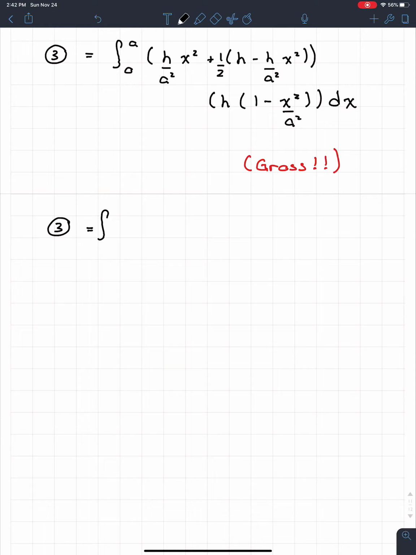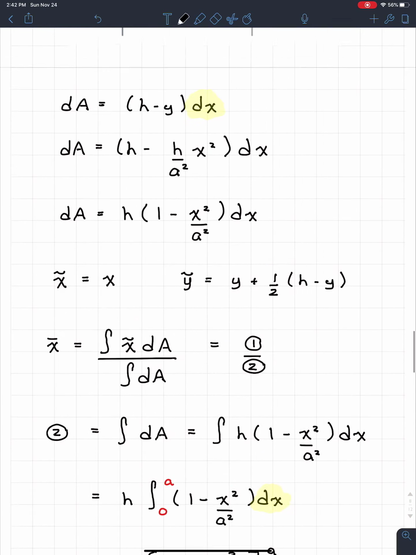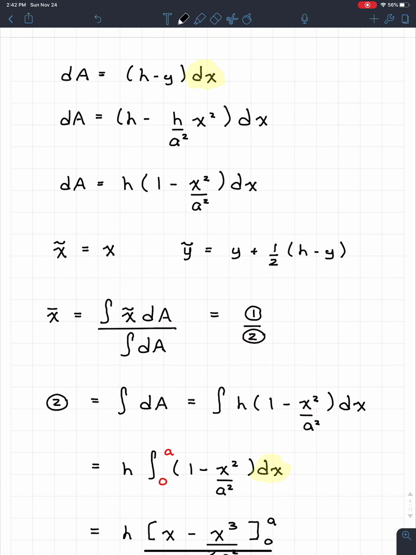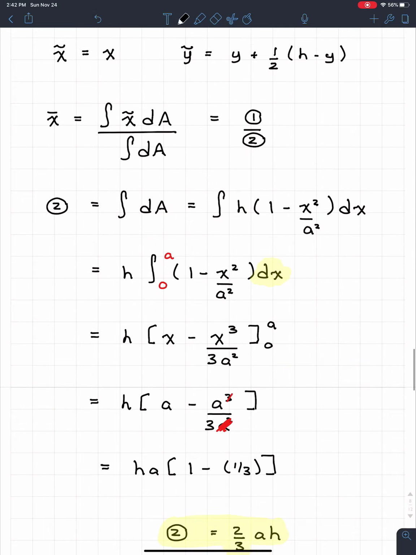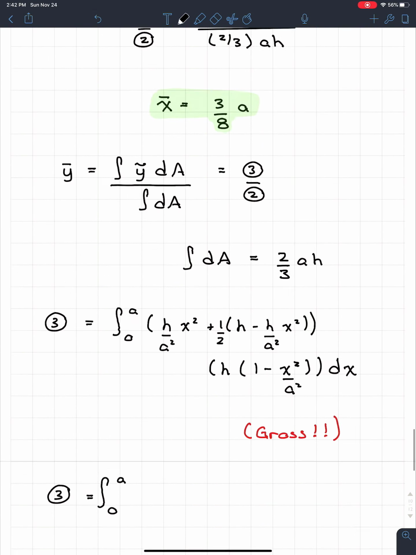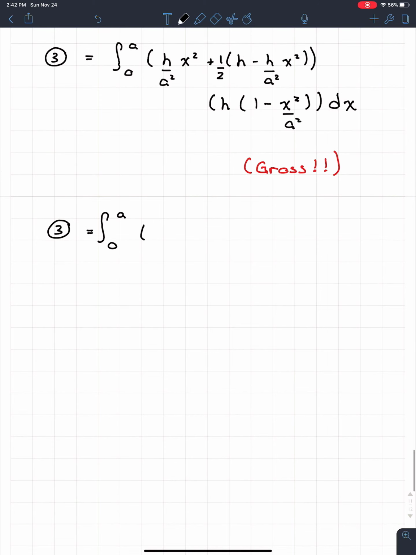until the very end. So this is equal to the integral from 0 to a. What's y squiggle equal to? So we come up here, we see y squiggle is equal to y plus 1/2 h minus y. So I come down here. So we can simplify that into 1/2, oops, I guess I'll put the 1/2 first. 1/2 of y plus 1/2 of h minus y is equal to just the 1/2 of y plus h.